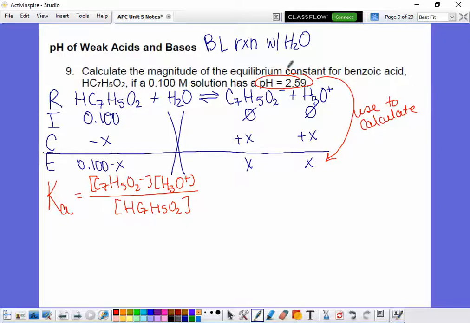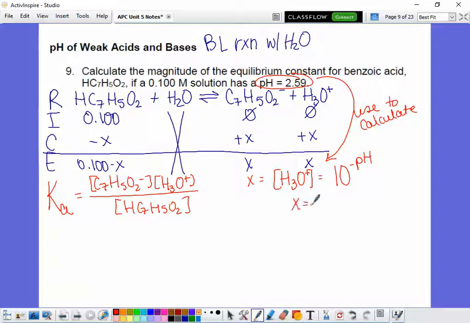So we're going to use the pH to calculate the equilibrium concentration of hydronium. How do we go from pH to hydronium ion concentration? 10 to the negative pH. Because remember, hydronium and H+ we're using interchangeably. So H3O+ concentration is equal to 10 to the negative pH. And in this case, x equals my hydronium ion concentration.